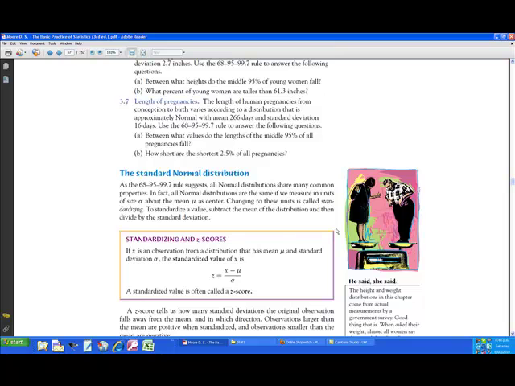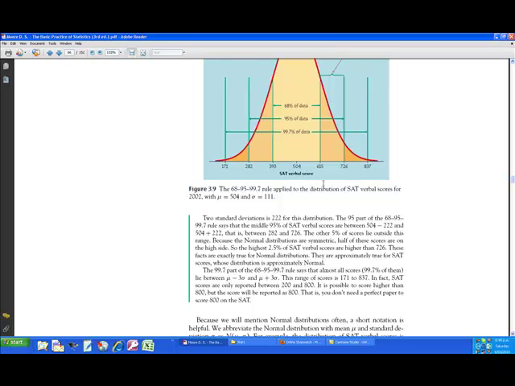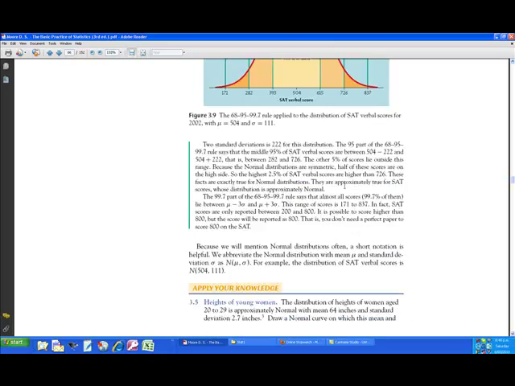If you want to convert a score like 800 to the number of standard deviations, you take 800 minus the mean of 504 and divide by the size of the standard deviation. And that's called the z-score, or the standardized value of the score. So the standardized value of 726 is 2, because it's 2 standard deviations above the mean.